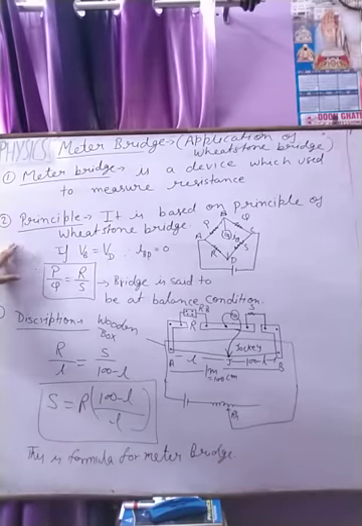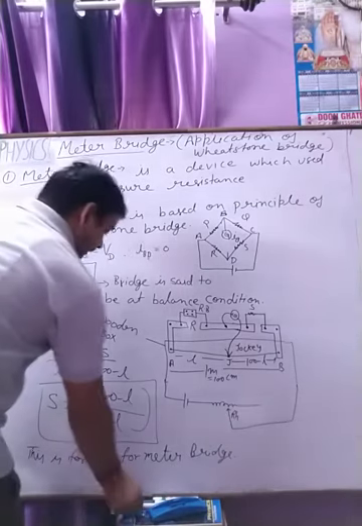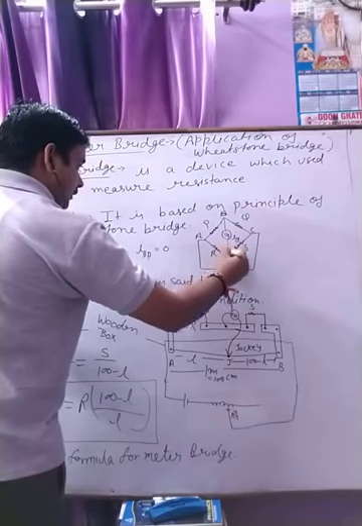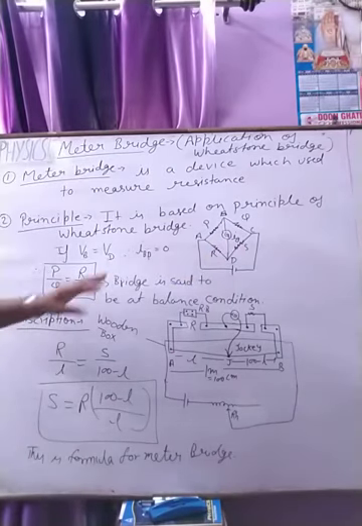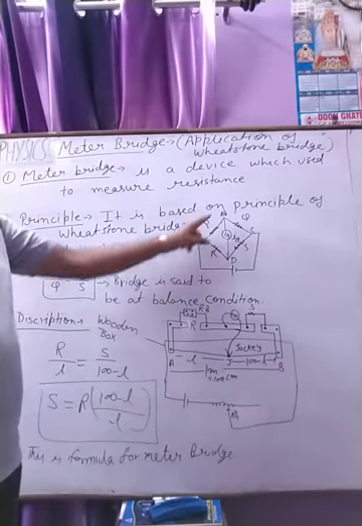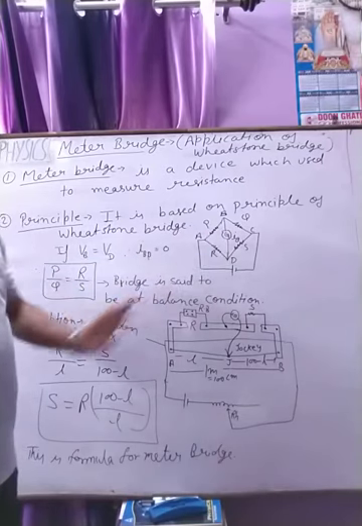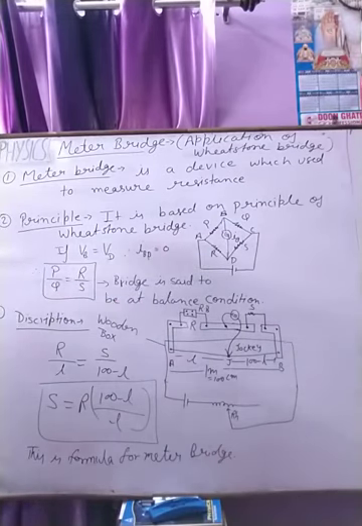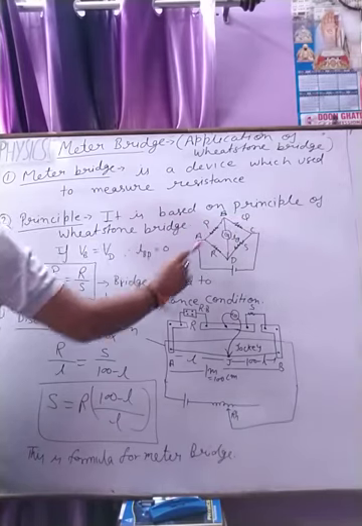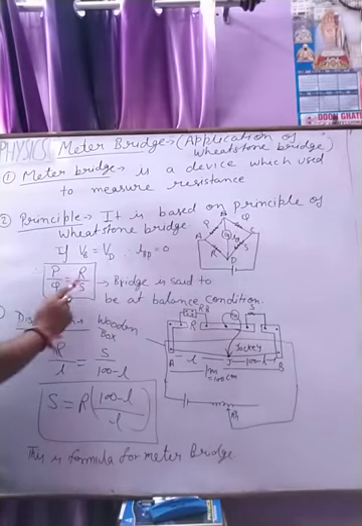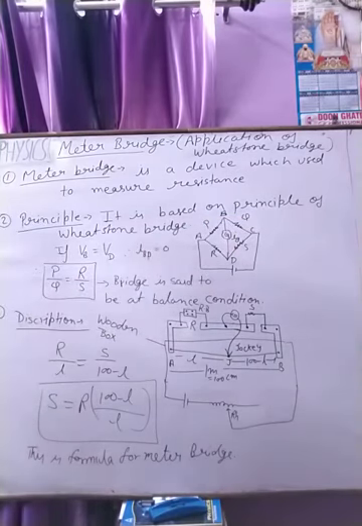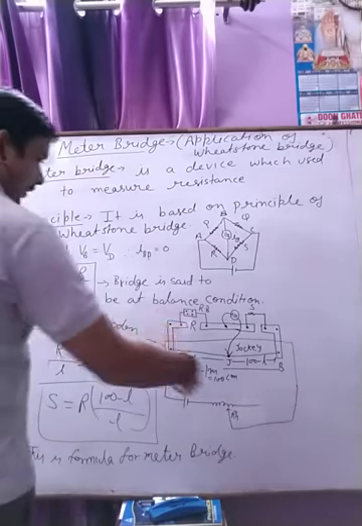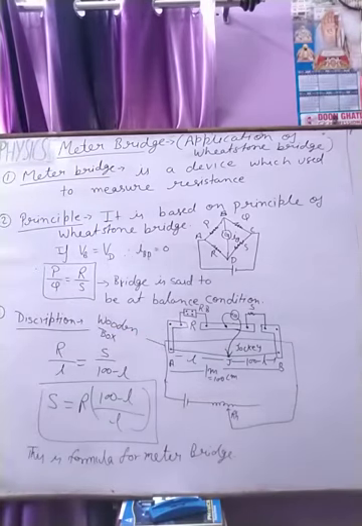Second, the principle on which it is based: it is based on the principle of Wheatstone Bridge, which tells that if the bridge is in balance, then in diagonal BD current is 0, therefore the ratio P upon Q is equal to R upon S. Then use the descriptive diagram and the working formula.